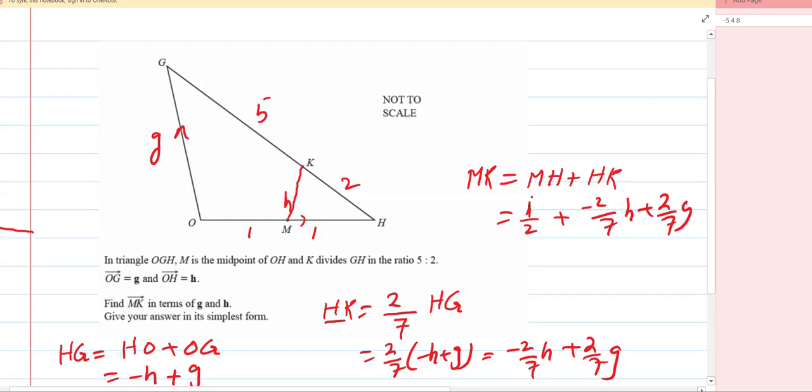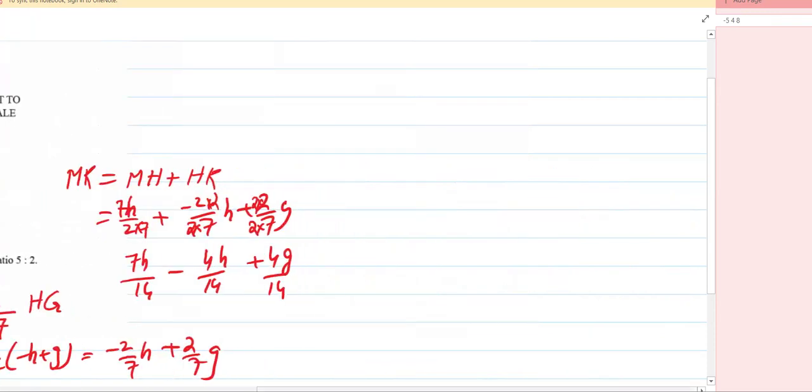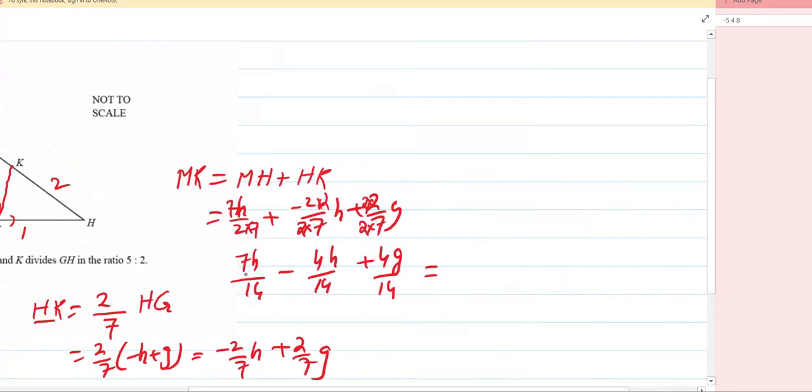Okay? So this is already H over 2. You can make the same denominator for them. The common denominator can be their LCM, that is 14. So 7 up and 7 down, 2 up and 2 down, and 2 up and 2 down. That will become 7H over 14, minus 4 over 14 H, and plus 4 over 14 G. Sorry, this will be from here.